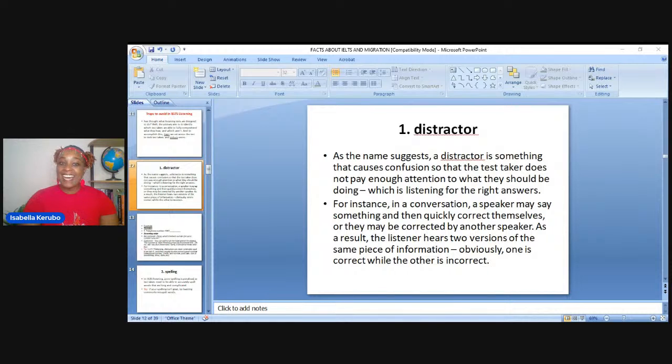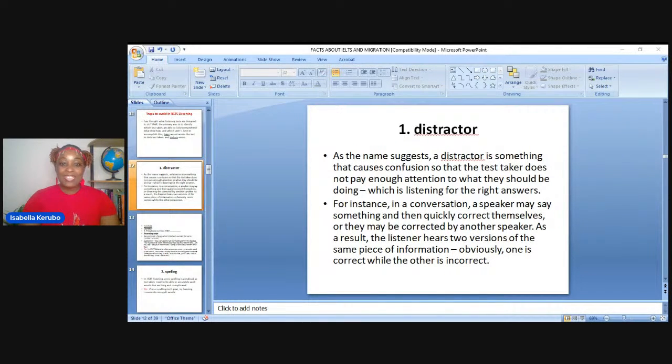The distractors are always put there to cause confusion, so that test takers do not pay attention, or lose track and get confused.